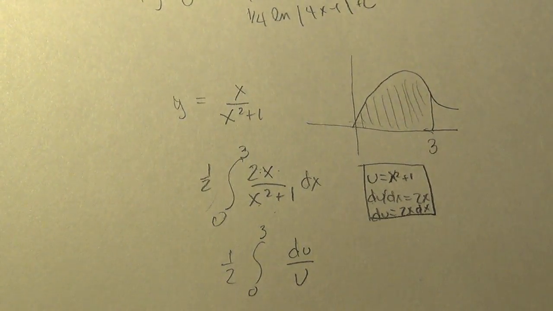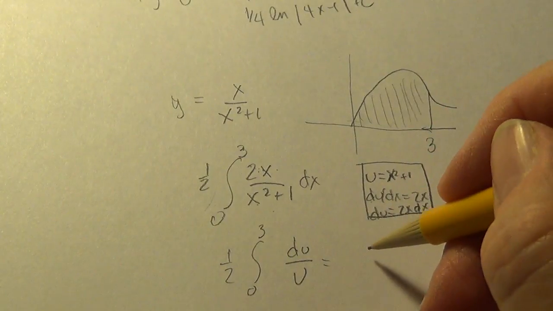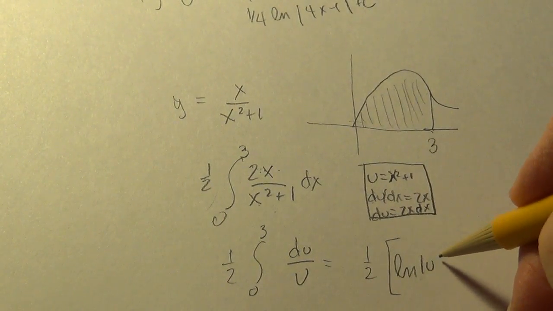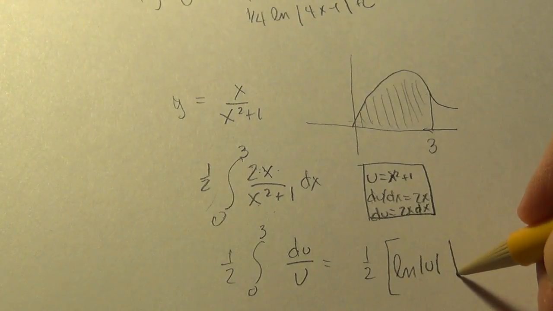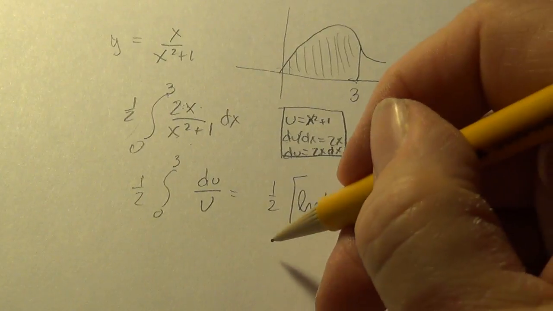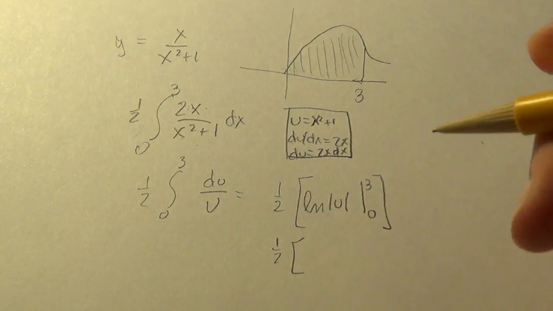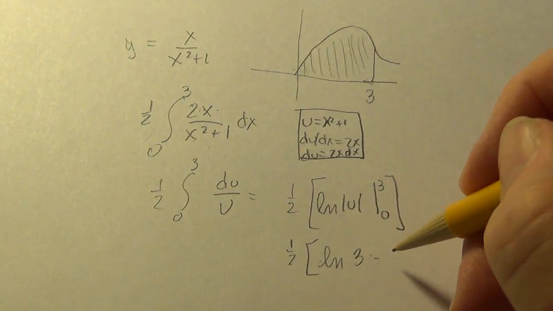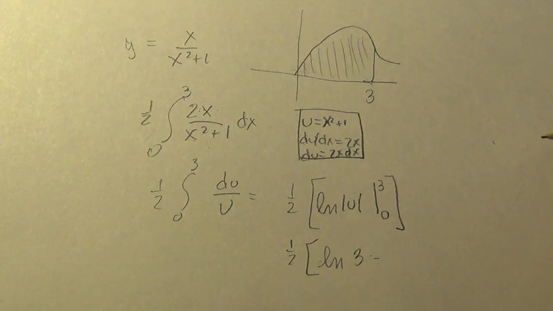So we're good. That's going to be 1/2 times the ln, absolute value of u, evaluated between 0 and 3.